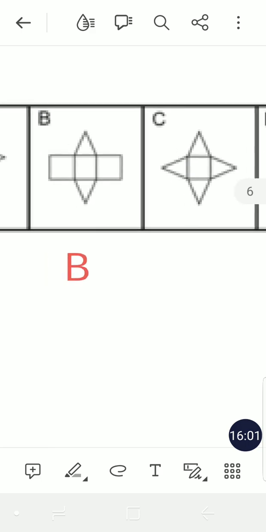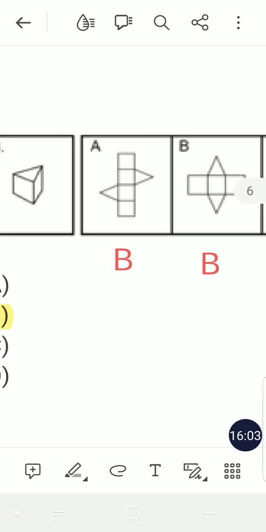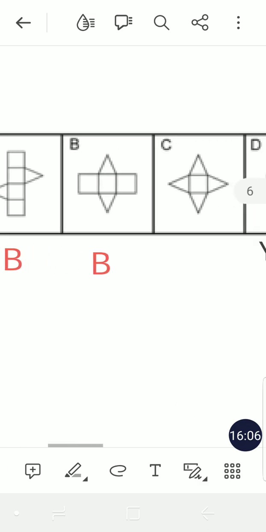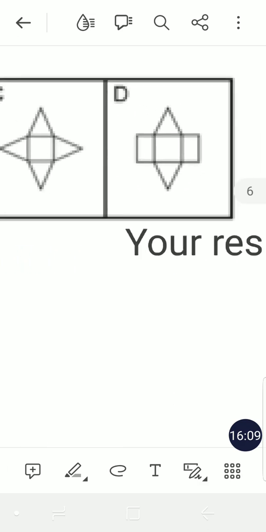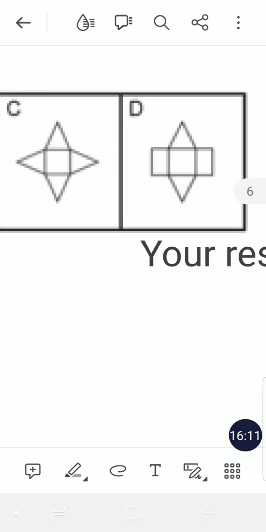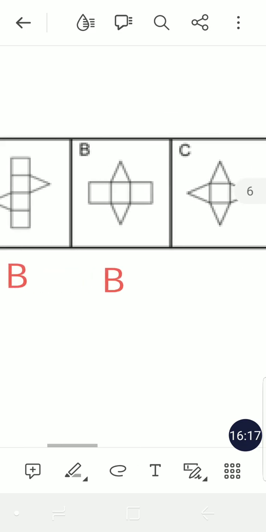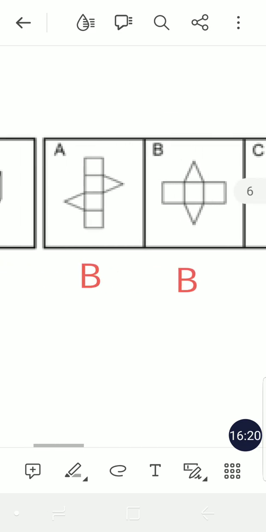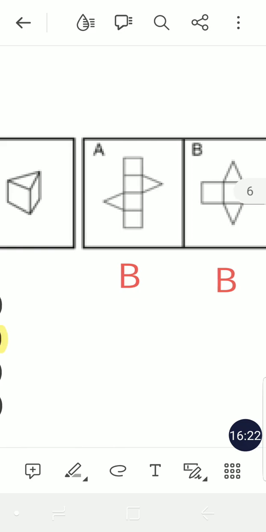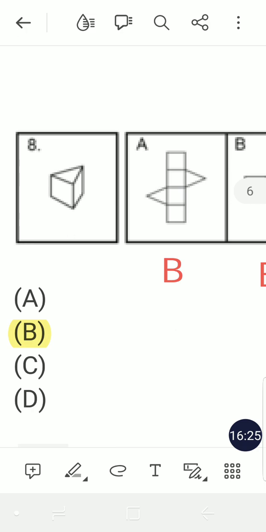because if you look at A, C, and D, it will not form a slice of cake. It will not close. And A will not work as well, because there are square sides, and there are triangle sides.